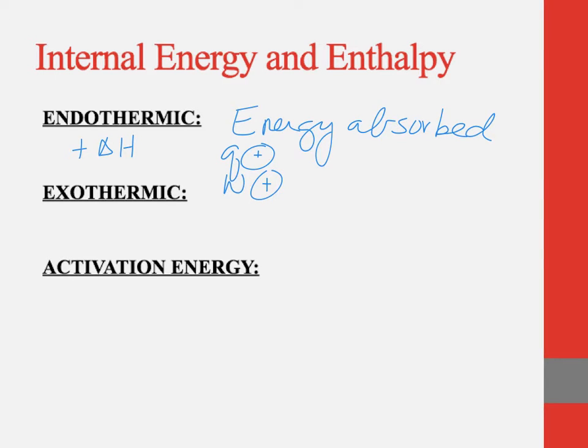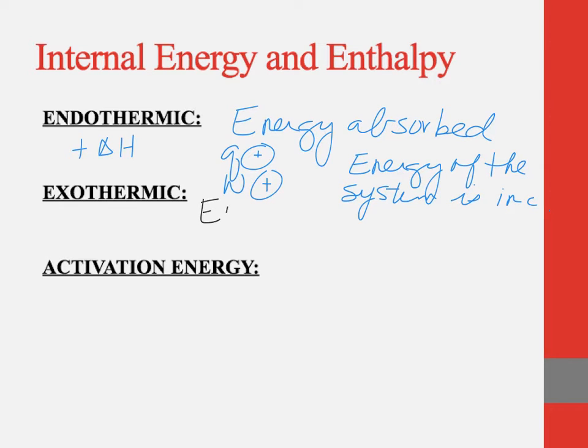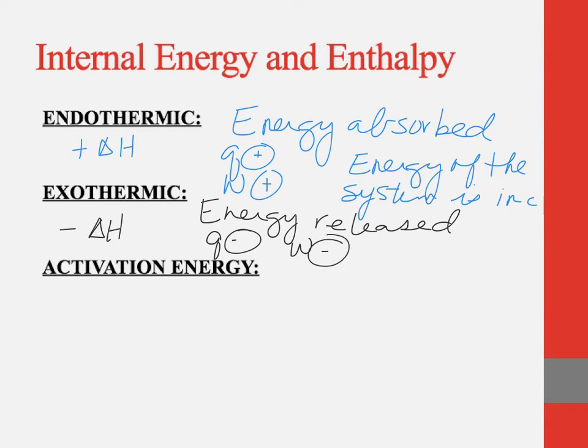Because the energy of the system is increasing. Okay. Clearly, exothermic is the opposite of that. We have energy released. It's characterized by negative delta H. Our Q is going to be negative. Our W is going to be negative. And the overall energy of the system is decreasing.